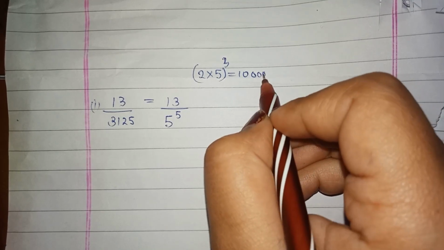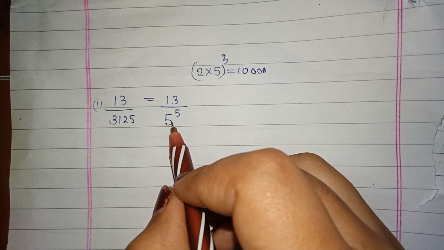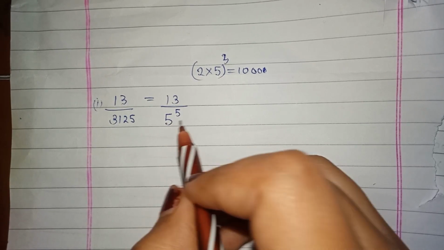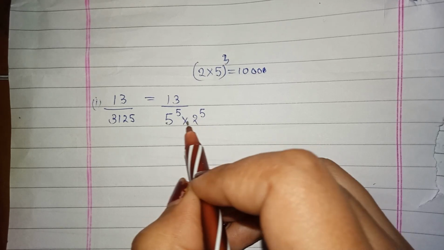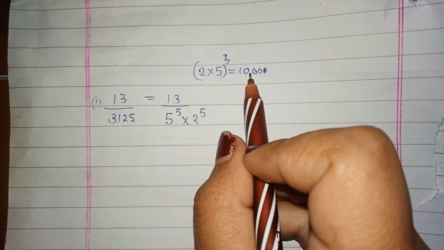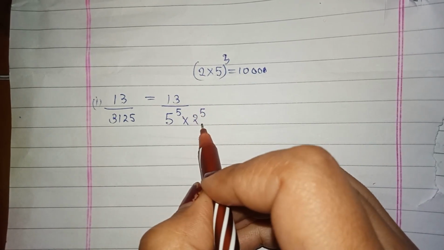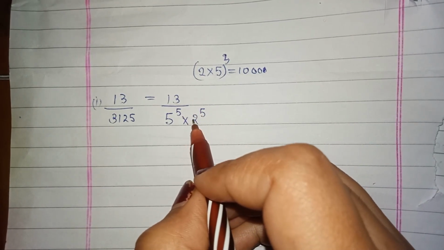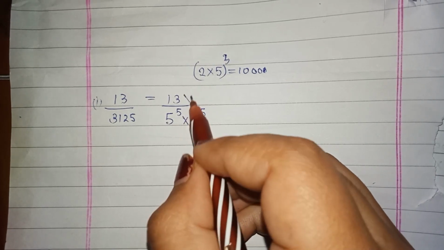So I already have 5, so I will multiply it by 2 raised to the power 5 so that I can get the answer in the form of 10. If I have multiplied 2 raised to the power 5 in the denominator, I have also multiplied 2 raised to the power 5 in the numerator.